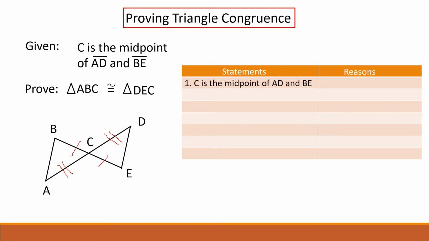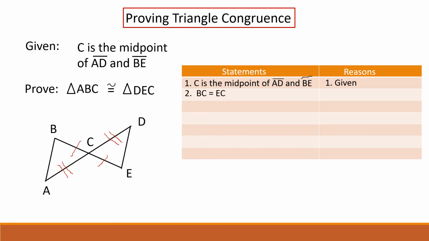That would be statement number 1: C is the midpoint of segment AD and segment BE. What would be the reason? That is given. Because out of statement 1, we can get the congruent segments.